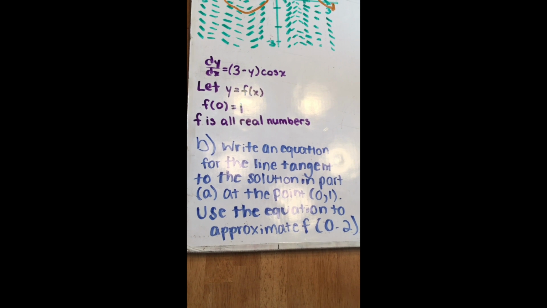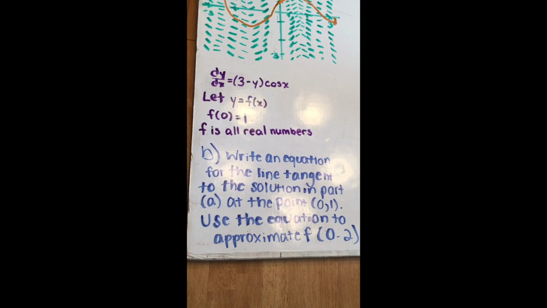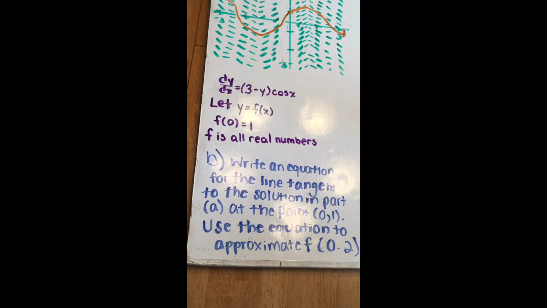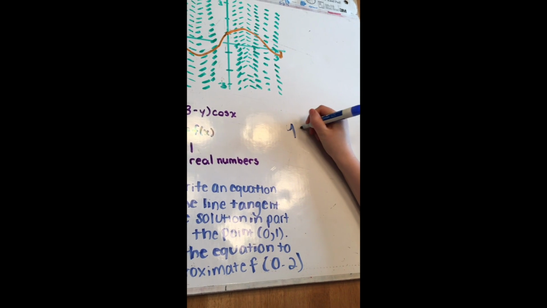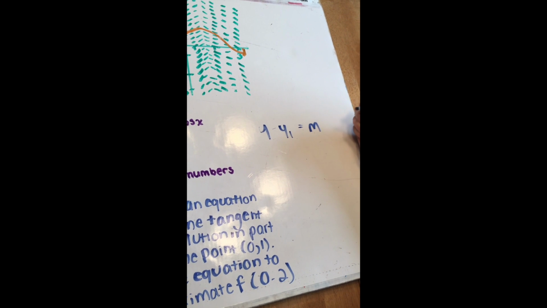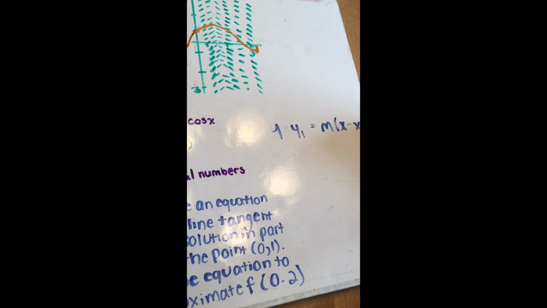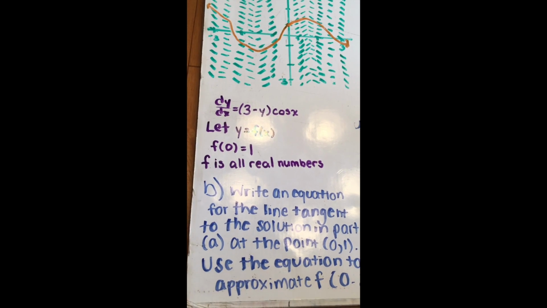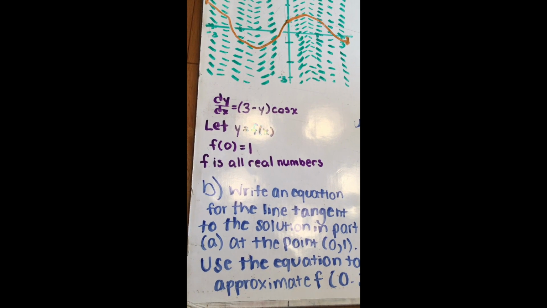In part B, they ask you to write an equation for the tangent line to the solution in part A at the point (0, 1). Anytime you're trying to find an equation of a line, the formula is y minus y sub 1 equals the slope times x minus x sub 1. In this case, dy/dx is equal to (3 minus y) times cos of x, so that would be m.